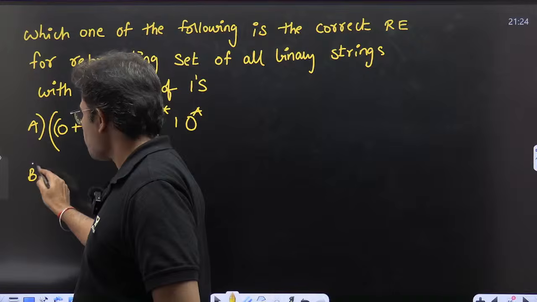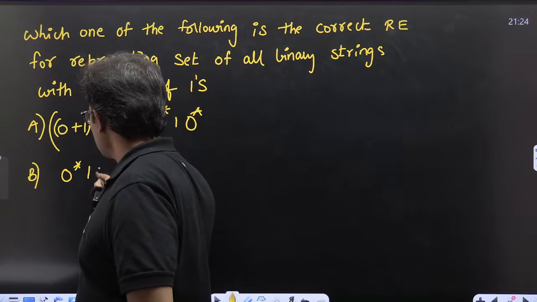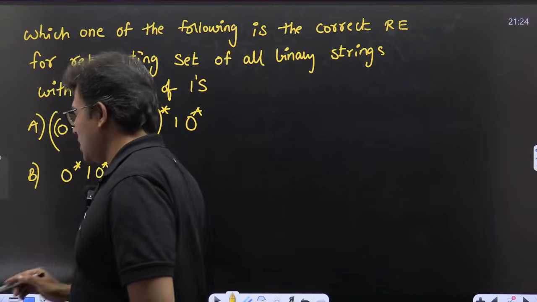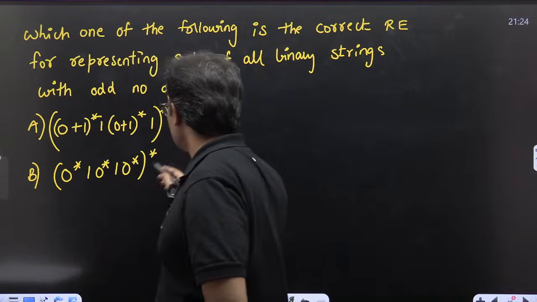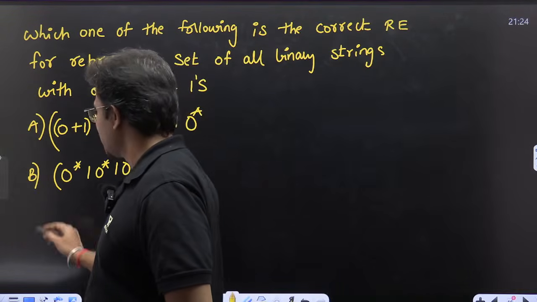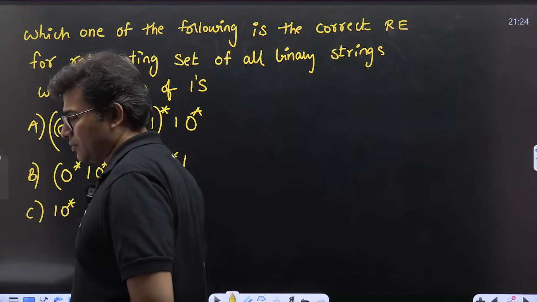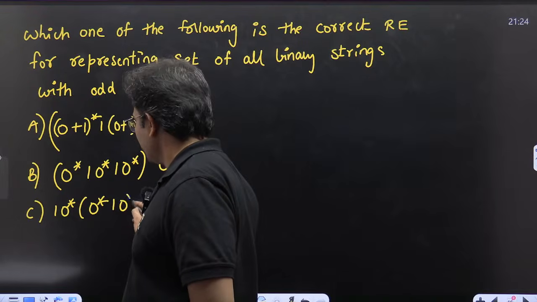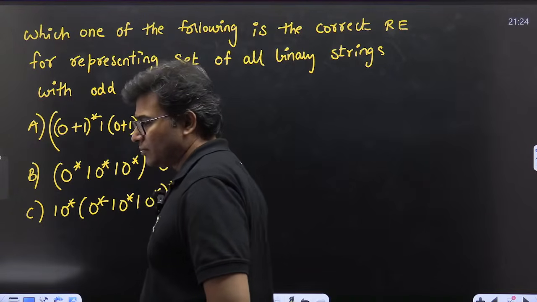B: 0 star 1 0 star 1 0 star, whole star, 0 star 1. It comes with practice. How to eliminate will come with practice. C: 1 0 star, 0 star 1 0 star 1 0 star, whole star.